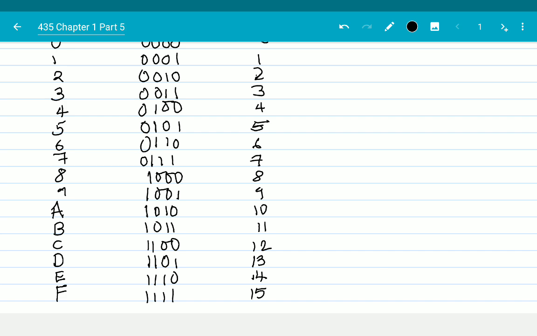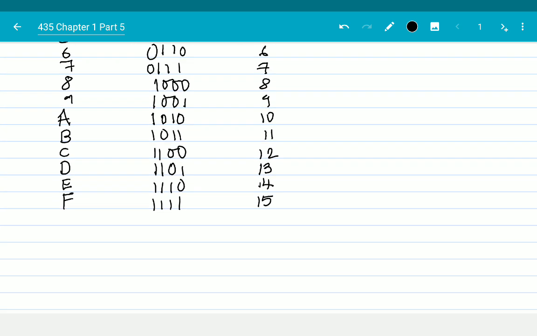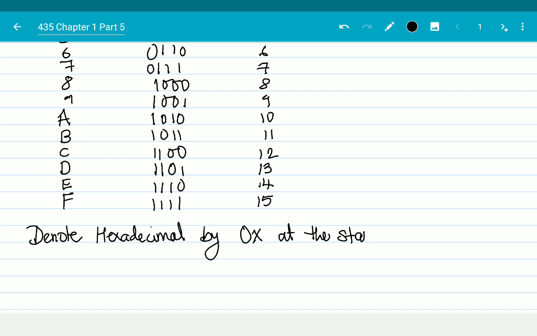Okay. And how do we show that something is written in hexadecimal? Generally, we denote hexadecimal by 0x at the start.